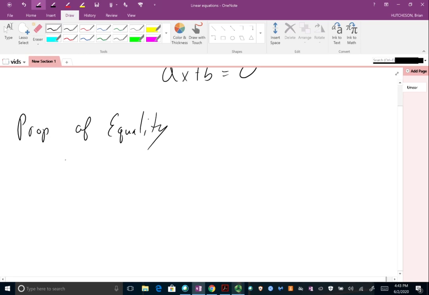A lot of places show it like this: if you have an equation, a left side is equal to a right side. In this case, I'm just saying A is equal to B. Well, we have the addition rule of equality that says I can add to one side some constant C as long as I do it to the other side.